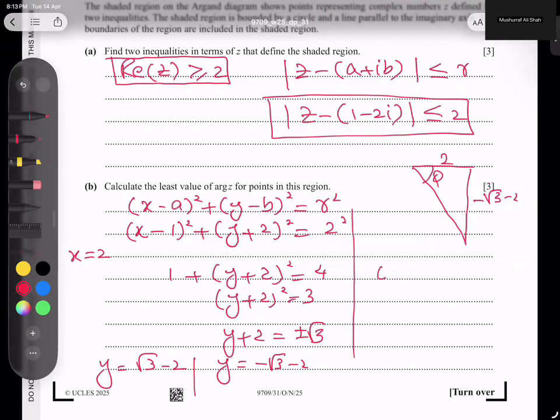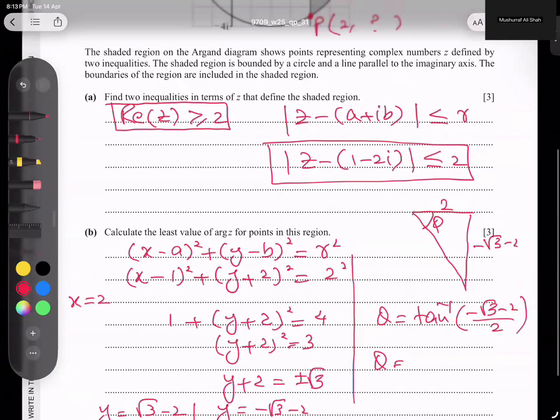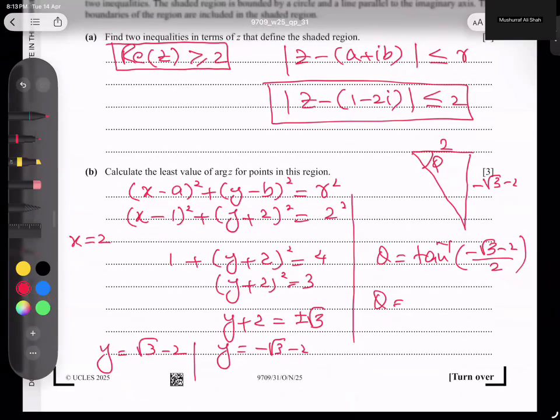So theta is equal to tan inverse of opposite by adjacent, and I'll get the angle. Let me check what answer I'm getting here. It did not bind us to radian or degree mode, so no problem at all. If I check it in radian mode, I type in the calculator tan inverse of negative 3 over 2, so negative 1.08 after rounding to 3 SF.